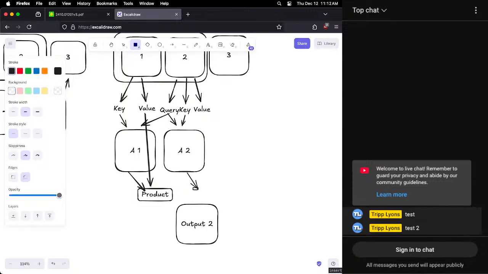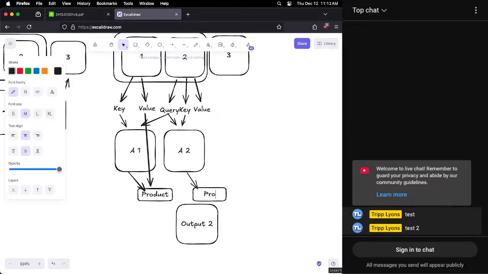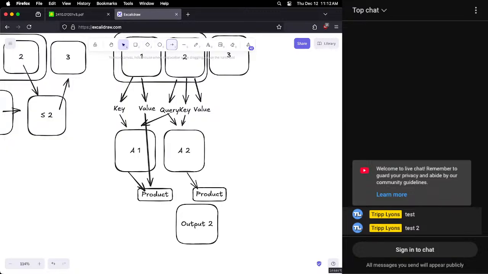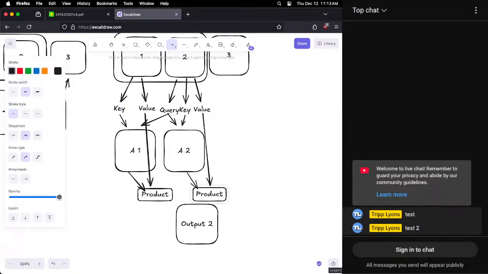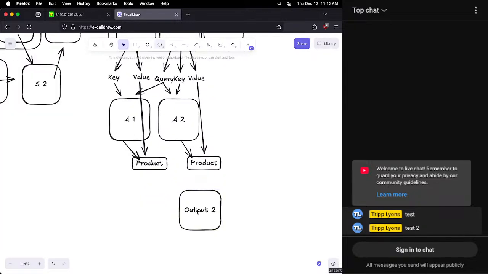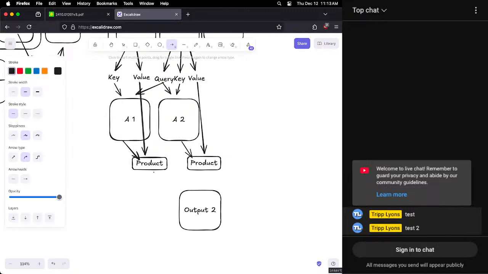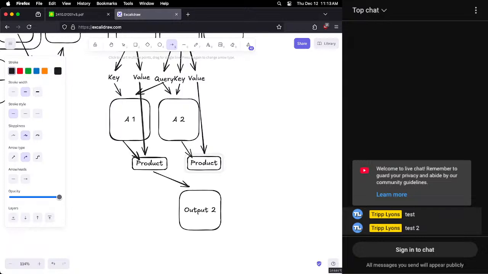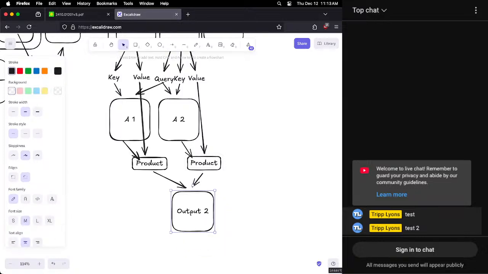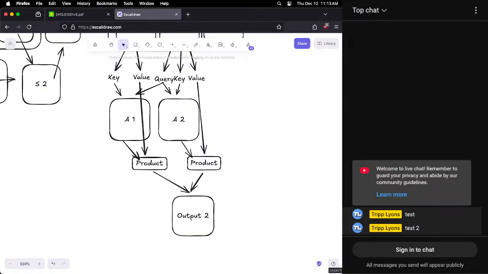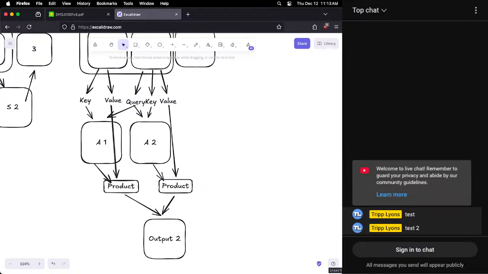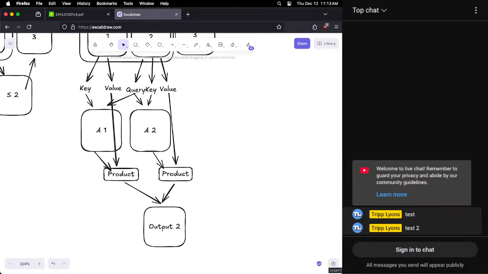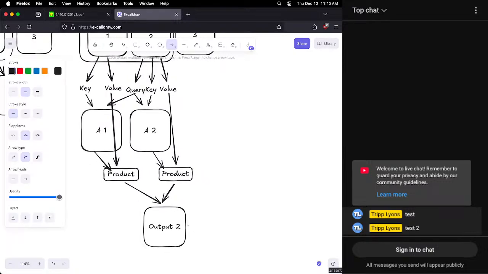And so we have another one here. And it takes in this value. And then you add these up. And you get the output, which can be used to predict the next token.